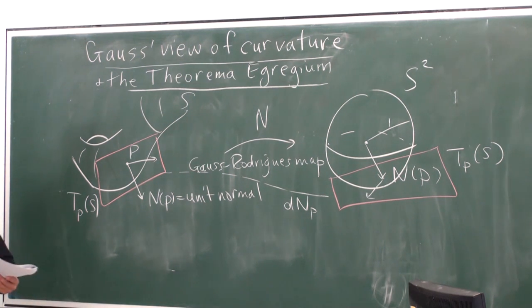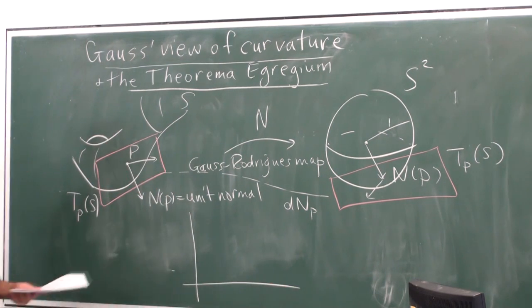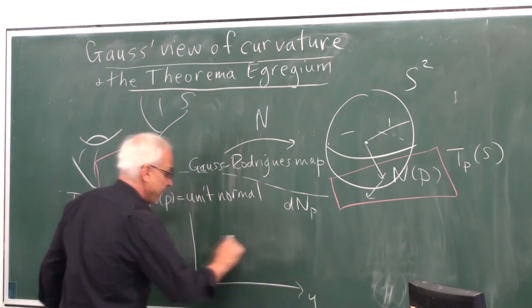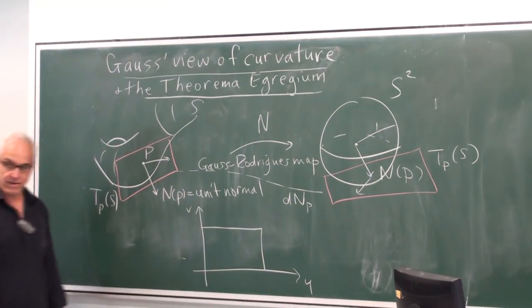Now Gauss's point of view was that surfaces are described parametrically. So in addition to this picture, we also have this parametric picture where, down here, is the parameter space that Gauss uses to set up the surface in the first place. So here's the UV plane, our parameter space, and perhaps some rectangle in the UV plane.